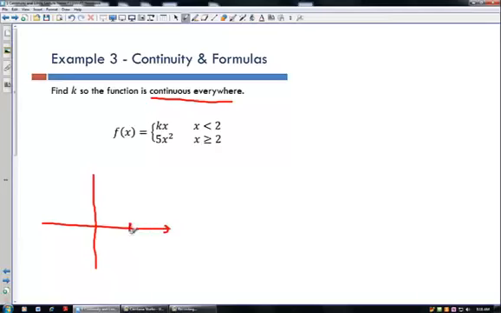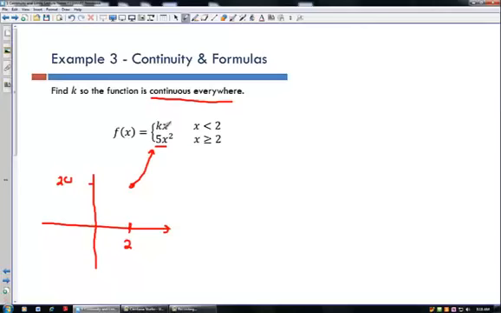The issue occurs at 2, where you change graphs, where you change formulas. And so when x is bigger than or equal to 2, you're going to use 5x squared. So if you plug in 2, then 2 squared is 4, and you're going to get out 20. So basically, this is going to look like that, because it's 5x squared, so it basically comes all the way down and goes over there, but you only care about the part bigger than or equal to 2.